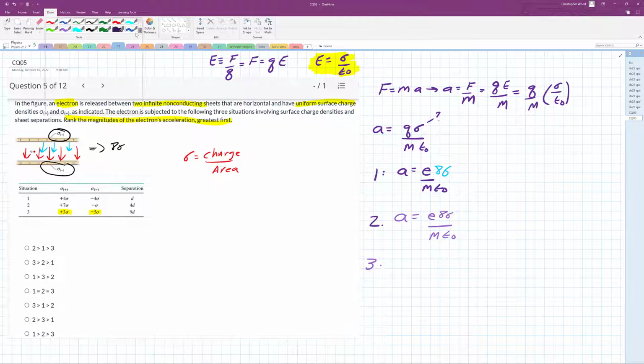So I have the same acceleration: acceleration equals E, the elementary charge, times 8 sigma, all over m epsilon naught. So in every case, the acceleration experienced by this electron is the same in all 3 cases.